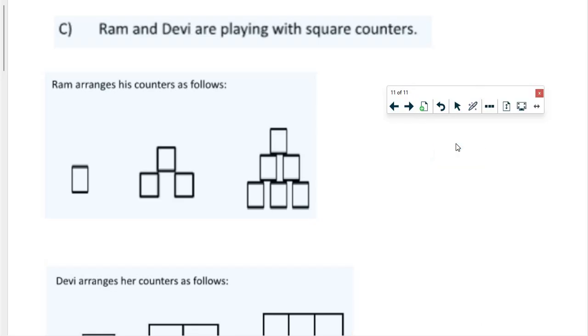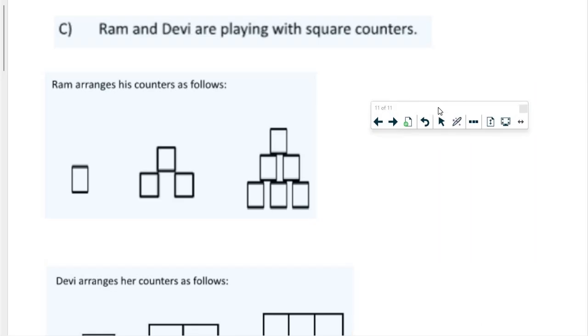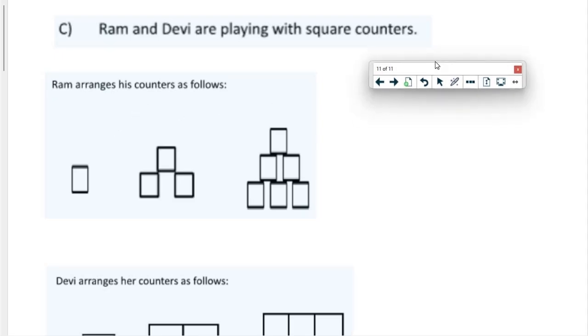Ram and Devi are playing with square counters. Ram arranges his counters as follows. How many counters are there? Only 1. How many counters are there? 3 counters. How many counters are there? 1, 2, 3, 4, 5, 6.